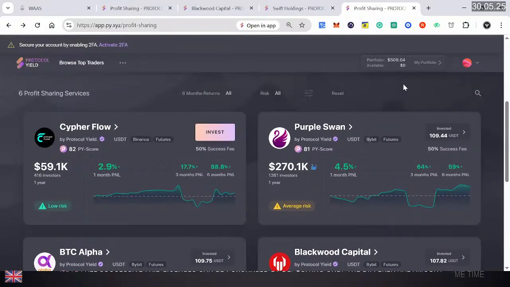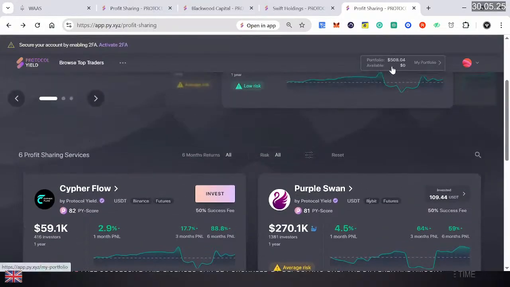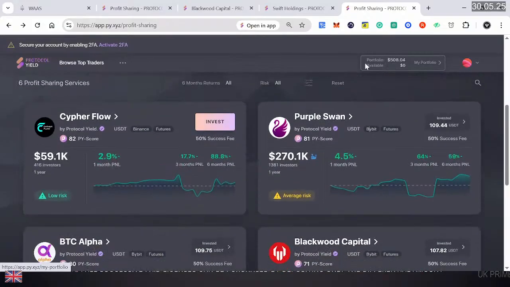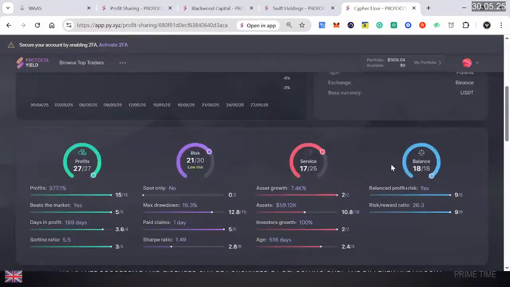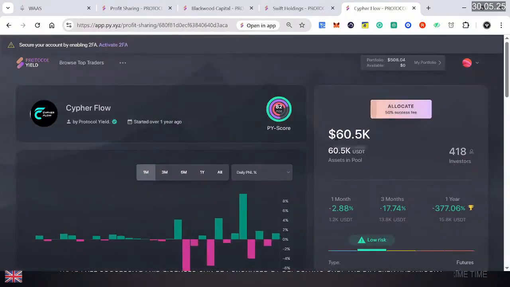So when you deposit on Pi, you can choose your deposit to be allocated to a single trader or multiple traders. Okay, each trader will trade some percentage of the total funds that they have accumulated. Like let's see Cipher Flow, right? Cipher Flow in total has a capital of 60,000 USDT from across 418 investors.